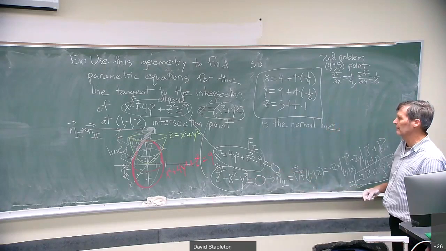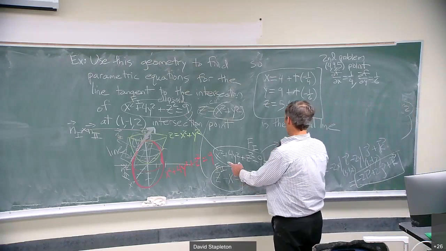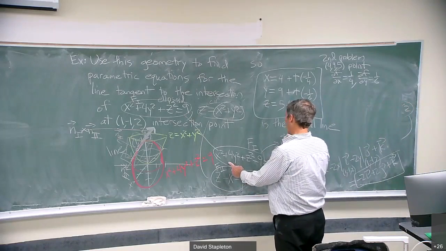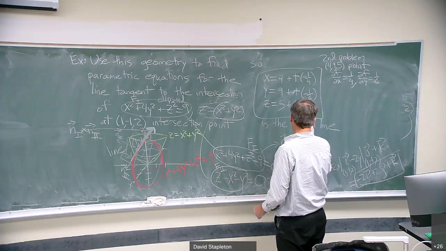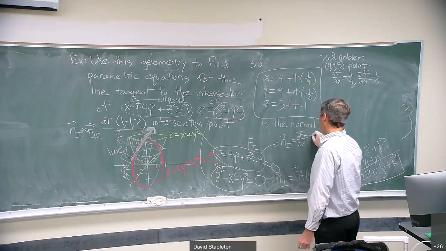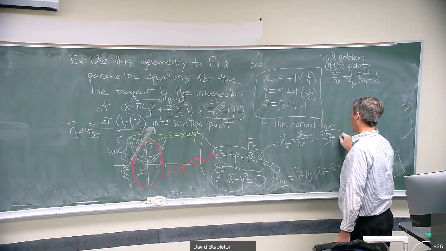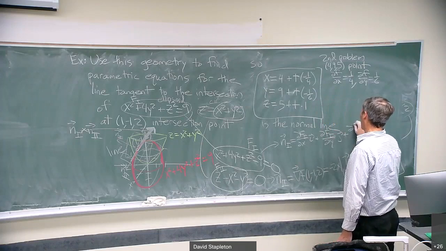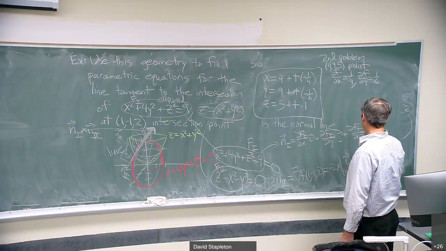That's a normal to the second thing, the circular paraboloid. This one, similarly, I'll say, what's the normal to this function? It's df/dx i plus df/dy j plus df/dz k.